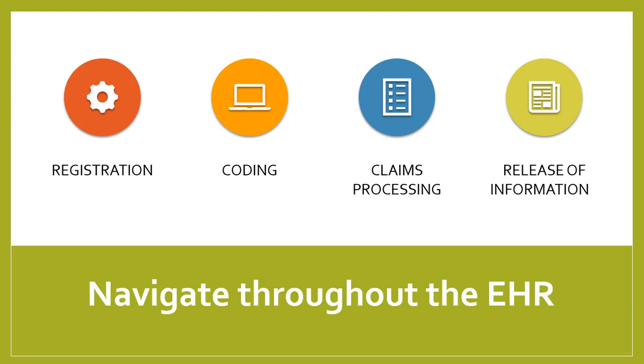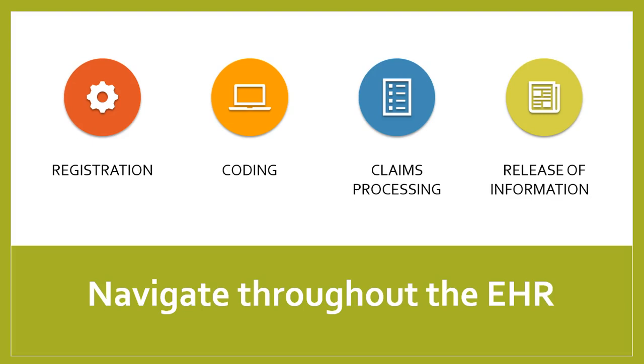You need to understand from a practical perspective all of the different areas that the electronic health record could be used for. So for example, think about a patient encounter where the patient is registered for the services that are being rendered today. So the electronic health record could be used for registration.